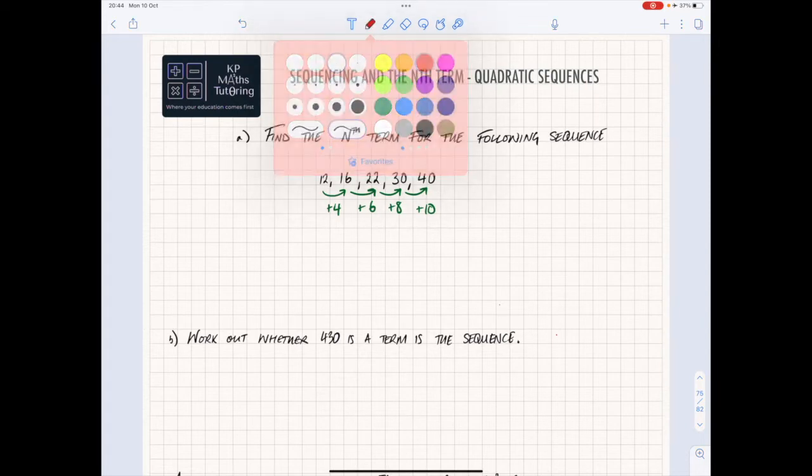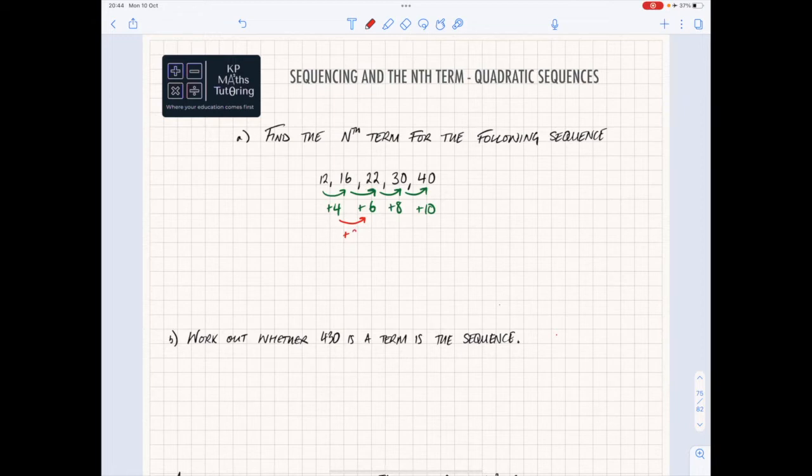So what we then need to do is we need to do a second difference. Okay, so this will be called your common difference, because what you can see is it's going up by the same value. So this is your first difference, and this becomes your common difference. Okay, so this row here is your common difference.